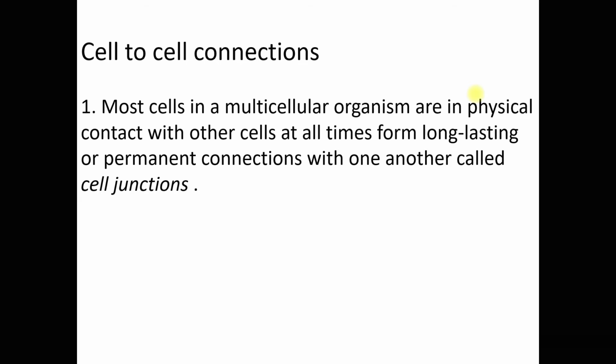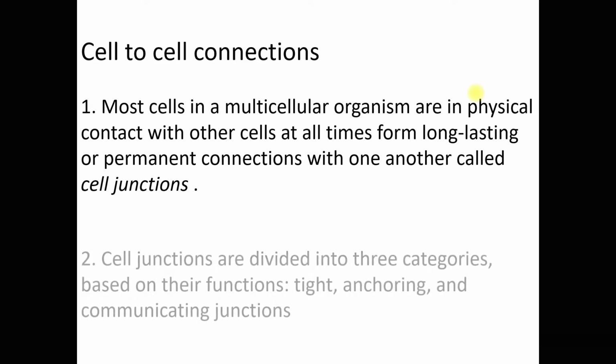Most cells in a multicellular organism like you are in physical contact with other cells at all times, forming long-lasting or permanent connections with one another that are called cell junctions. Maksudnya antara sel dengan sel di badan kita ni, ada permanent connections dan dipanggil cell junctions.